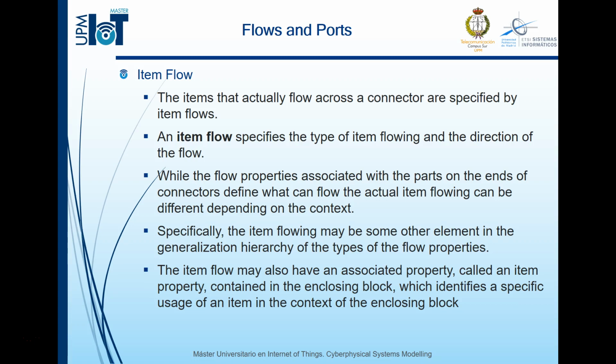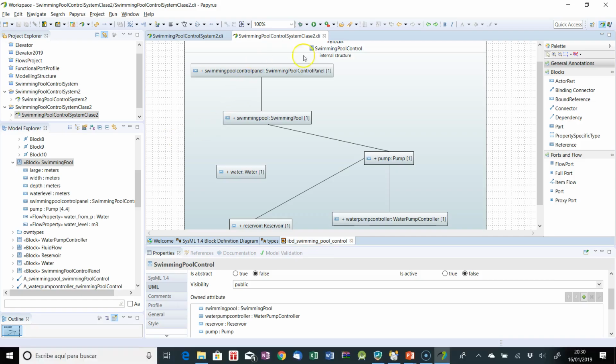What we are saying now is that in this specific diagram, I want to create a flow from pump to swimming pool, using this specific element to tell that the item that is flowing is water. Because the connector, the pipe we have, can handle many different kinds of fluids.